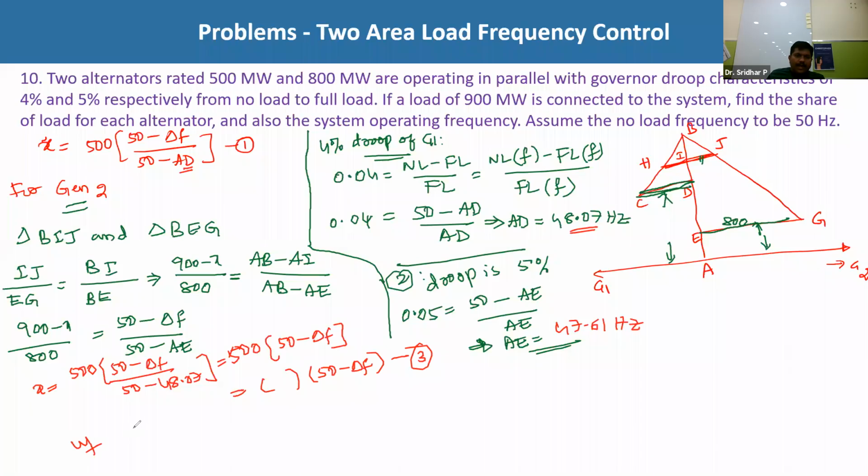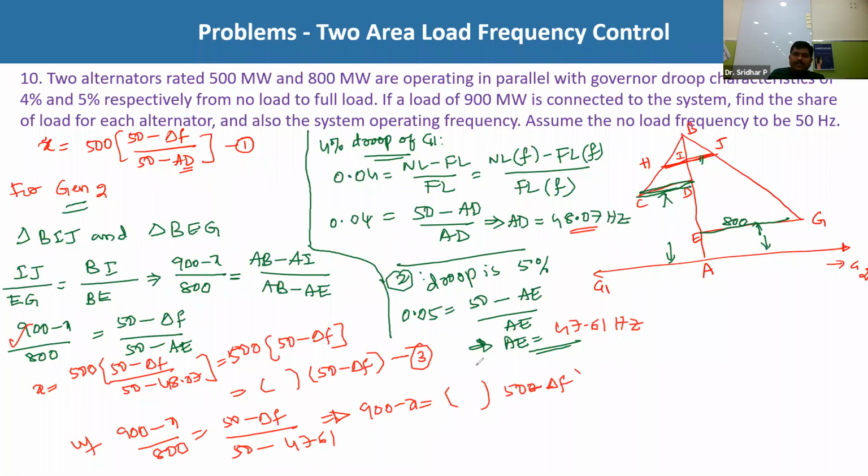Similarly, 900 minus X divided by 800, this equation I am taking is equal to (50 minus delta F) divided by (50 minus AE). AE also we have calculated, that is 47.61. So in this one, you will get 900 minus X is equal to something into (50 minus delta F). This is equation number 4. In equation 3 and equation 4, how many unknowns are there?